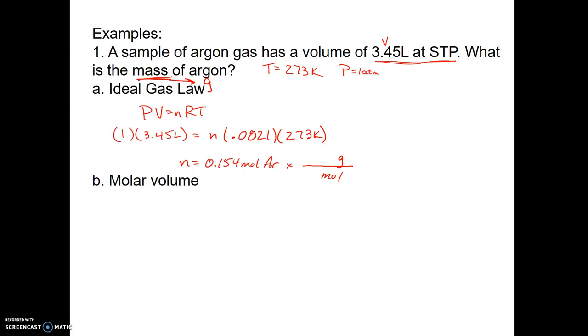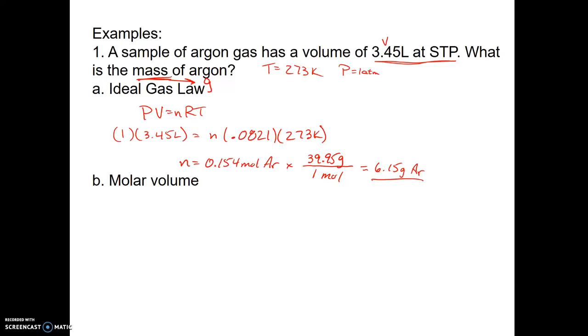And remember, anytime we're converting from moles to grams or grams to moles, the 1 always gets paired with the mole value. And then our molar mass, or our gram value, comes from the periodic table. So we look at it, we see that argon is 39.95 grams, and so when we plug this in, we should get 6.15 grams of argon.